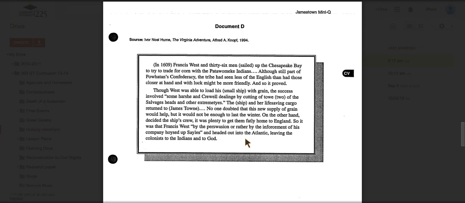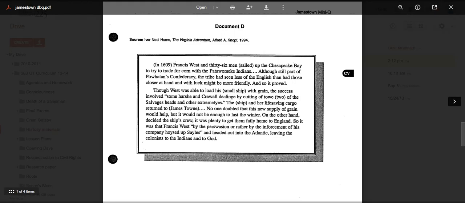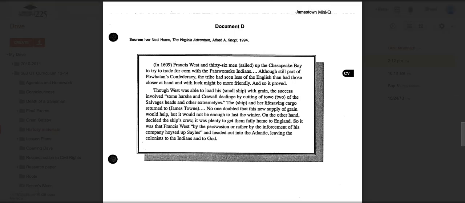So this one is interesting. It brings up the Native American issue, and it brings up the fact that the colonists are divided. There are some that want to stay and tough it out in the winter, and there's others that want to leave. So again, how would I use these four documents to answer the question, why did so many Jamestown colonists die, is what we're going to be working on next.